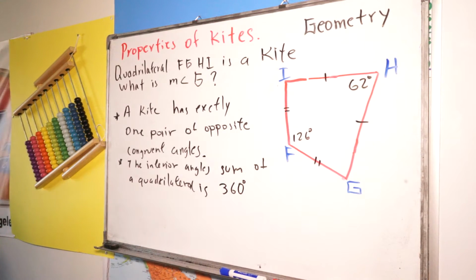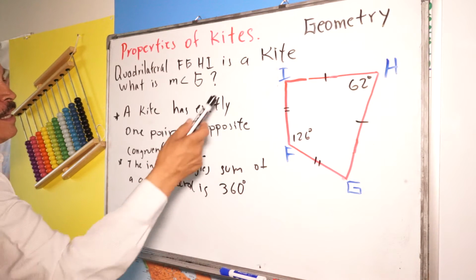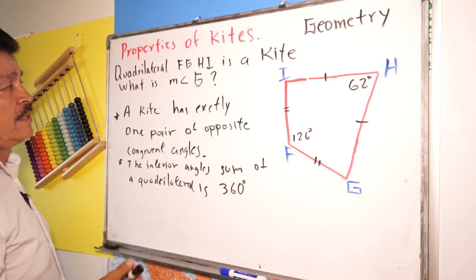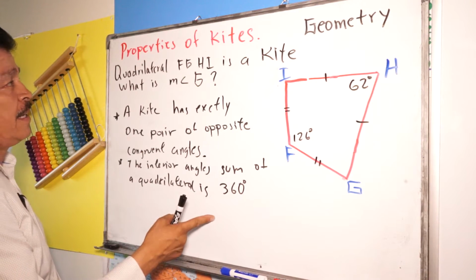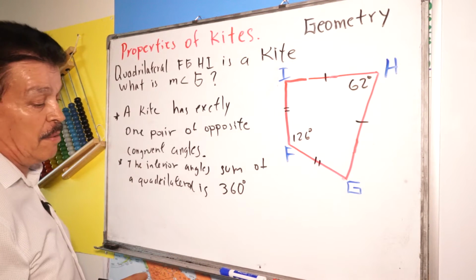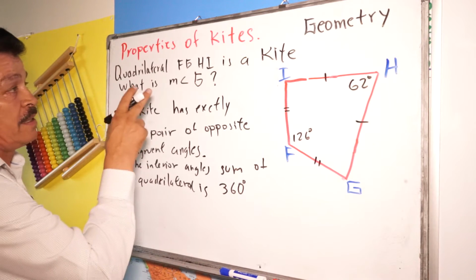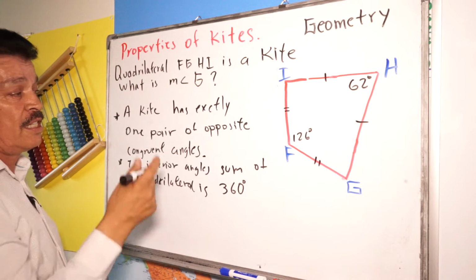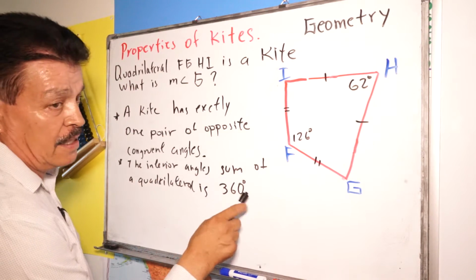All right, this is a description of a quadrilateral kite. Remember, we are talking about the properties of quadrilaterals, in this case a kite. Okay, this is the definition.